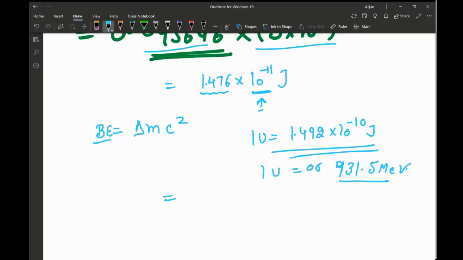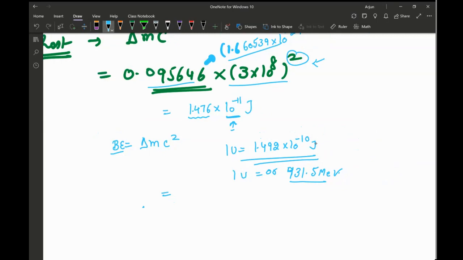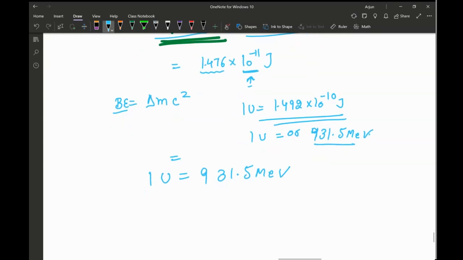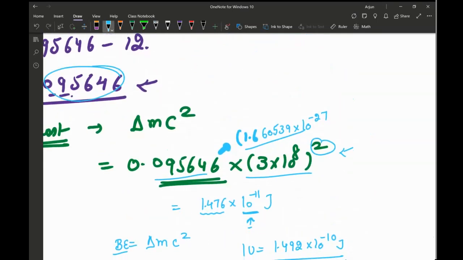So if 1 U is equal to 931.5 MeV, you want to find out this U, the one which we got, this value.